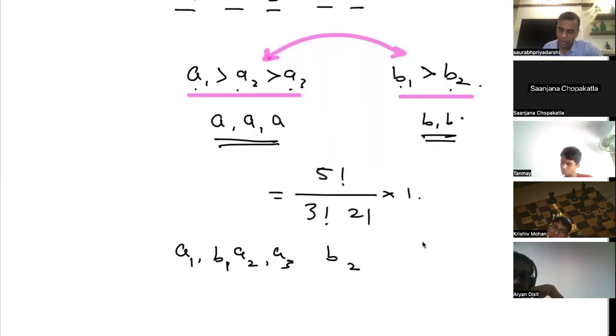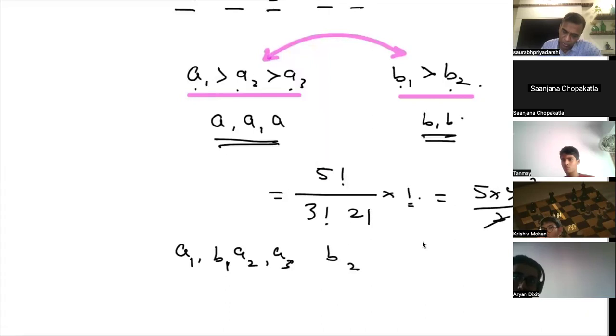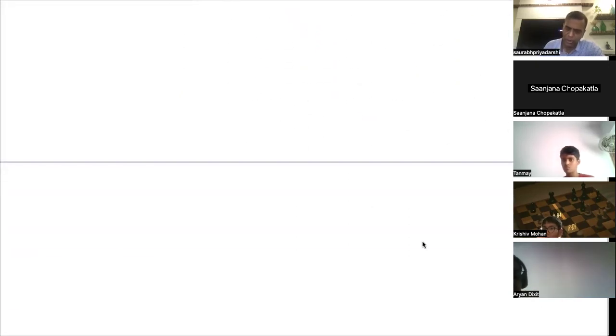So total number of arrangement is factorial 5 by factorial 3 factorial 2, and arranging in one way. So the total number will be factorial 5 by this only. This is 5 into 4 by 2. This is 10. Is this okay? Yes, sir. Right? So try once again.